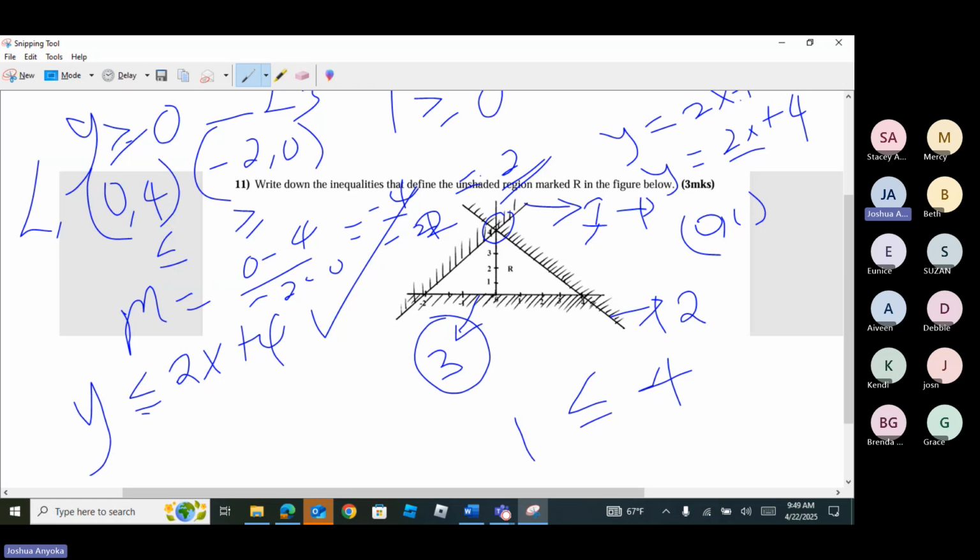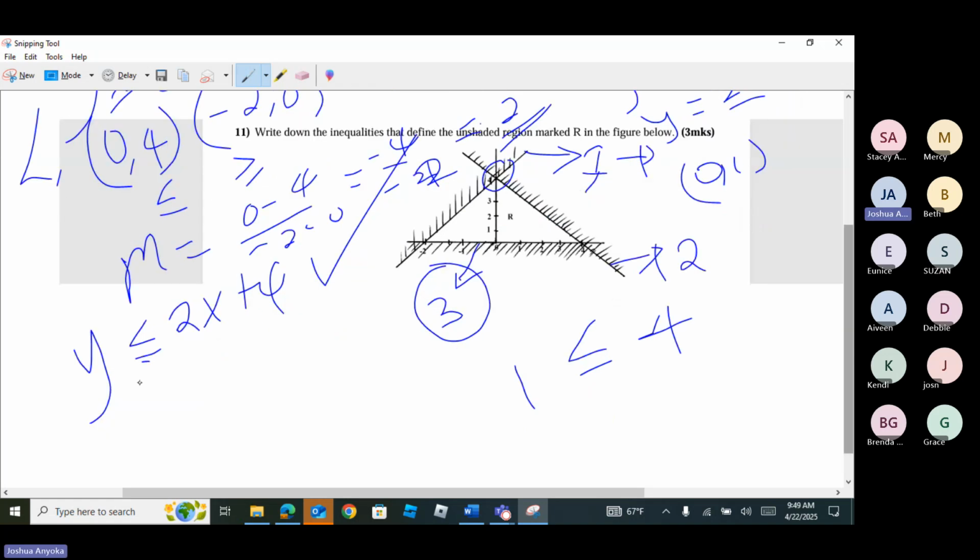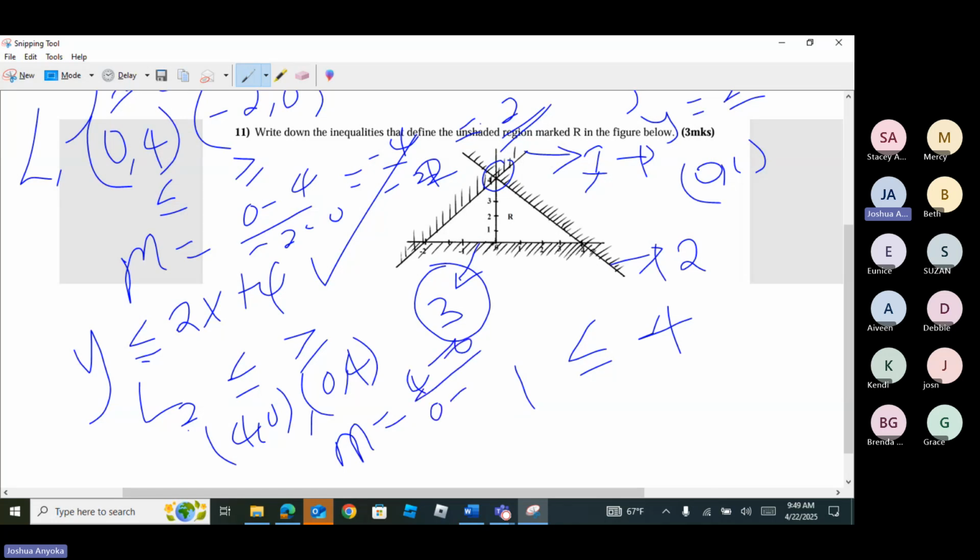You move to line 2. Line 2 is continuous, less than or equals to, greater than or equals to. It is passing through 4, 0 and 0, 4. Gradient, change in y over change in x. M is equals to 4 minus 0 over 0 minus 4, 4 over negative 4, negative 1. Equation, y is equals to negative x plus c.